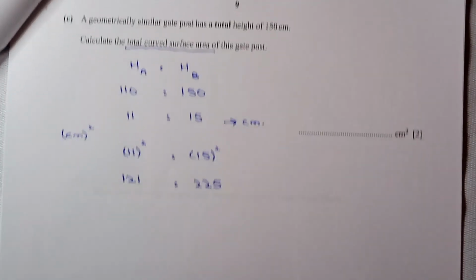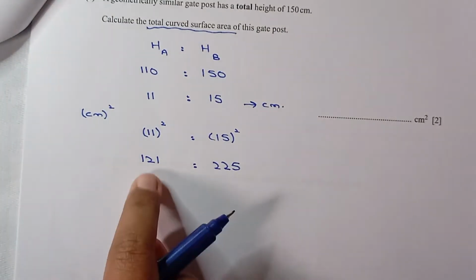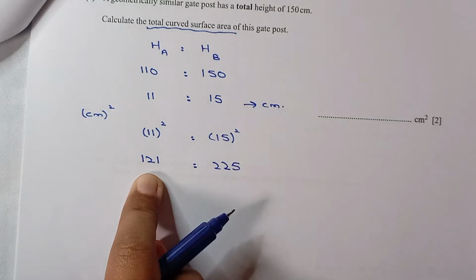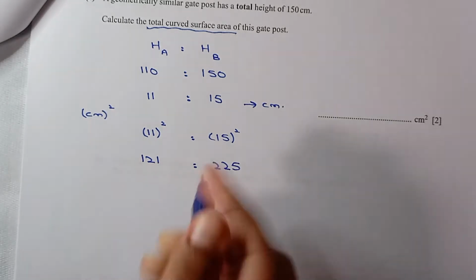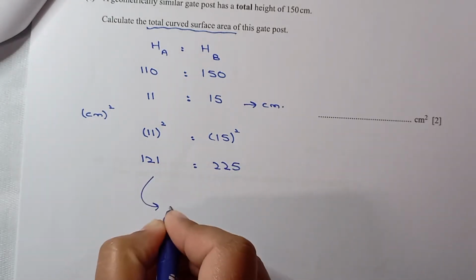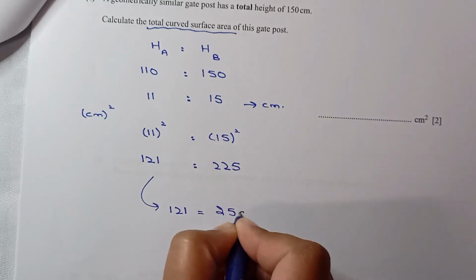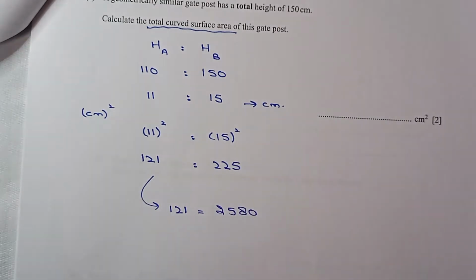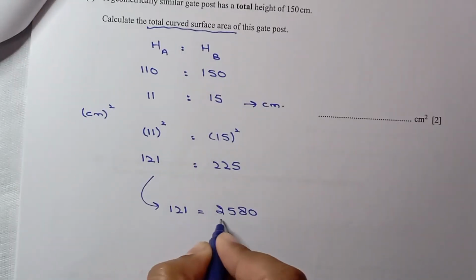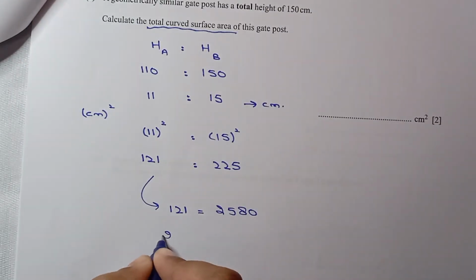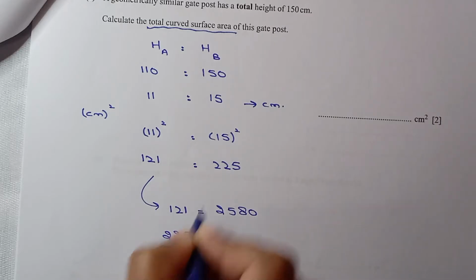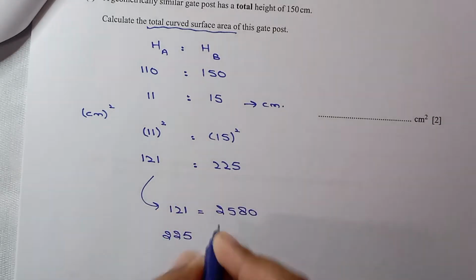So 121 is for the first gate post, and its area is 2580, which we got in part B. If 121 represents this much, what would 225 be, because we are finding it for the second gate post?